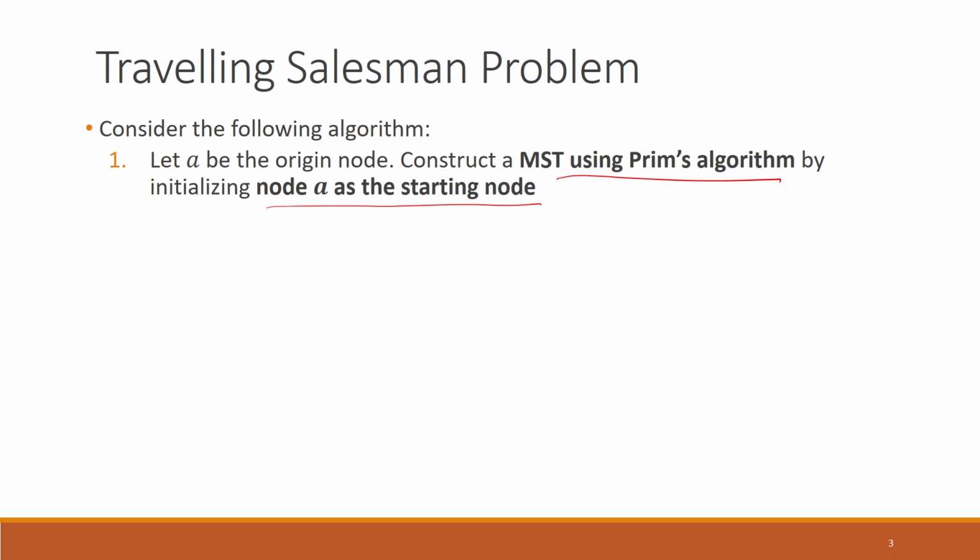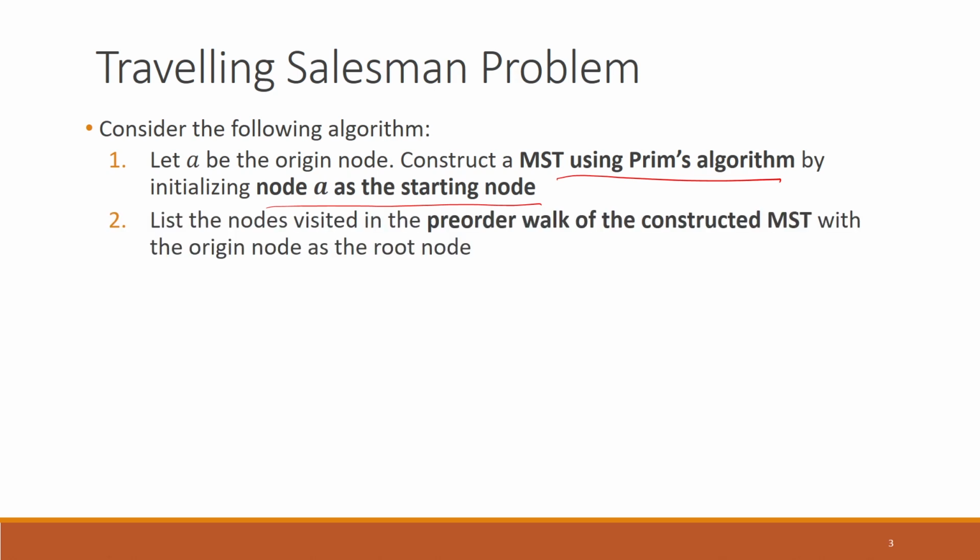If you recall, in Prim's algorithm we started with an arbitrary node. Here we make a modification: instead of an arbitrary node, let us suppose that we have some origin node specified in the beginning. This origin node can in fact be any node of this graph.